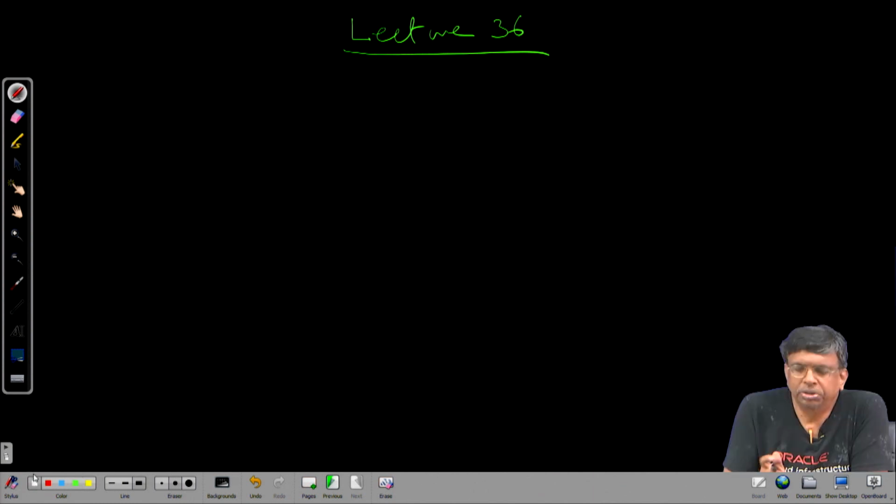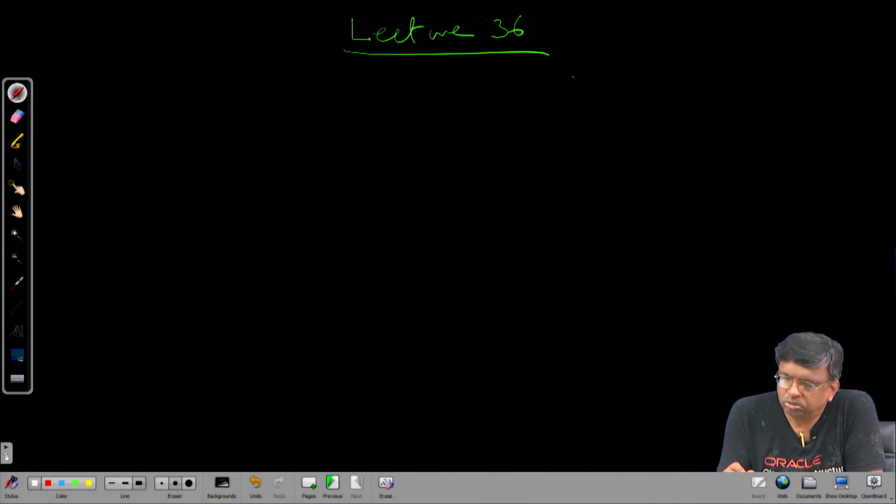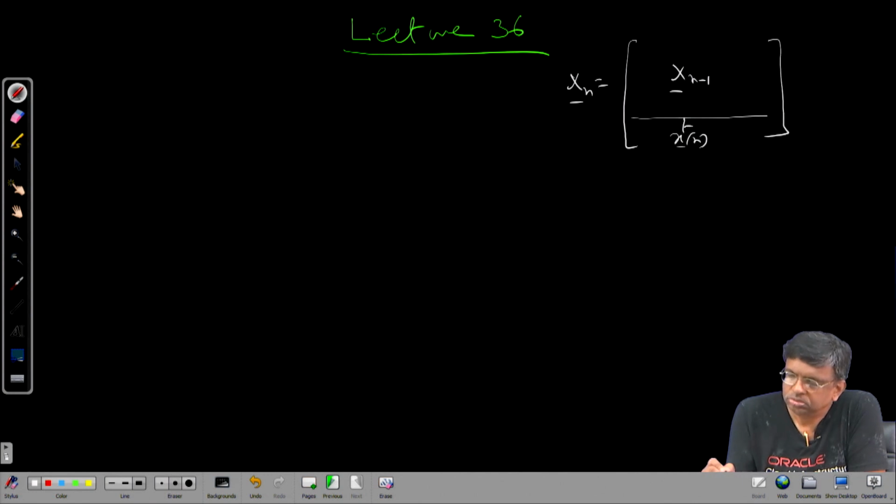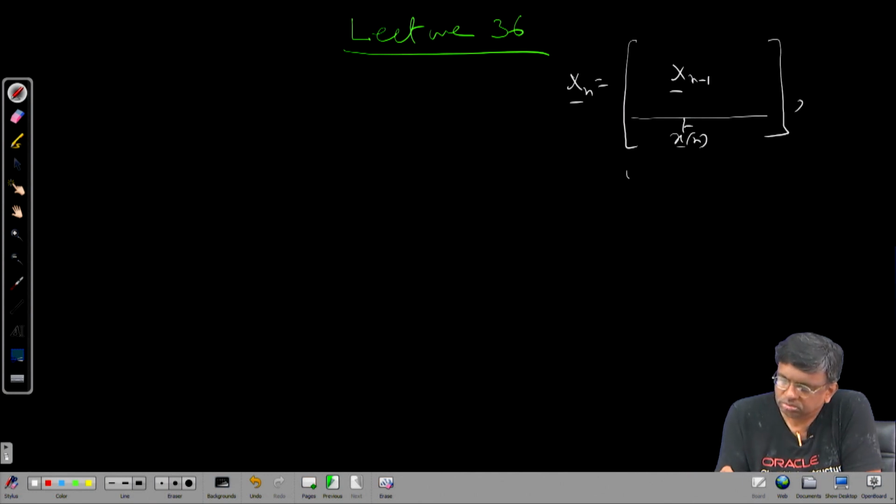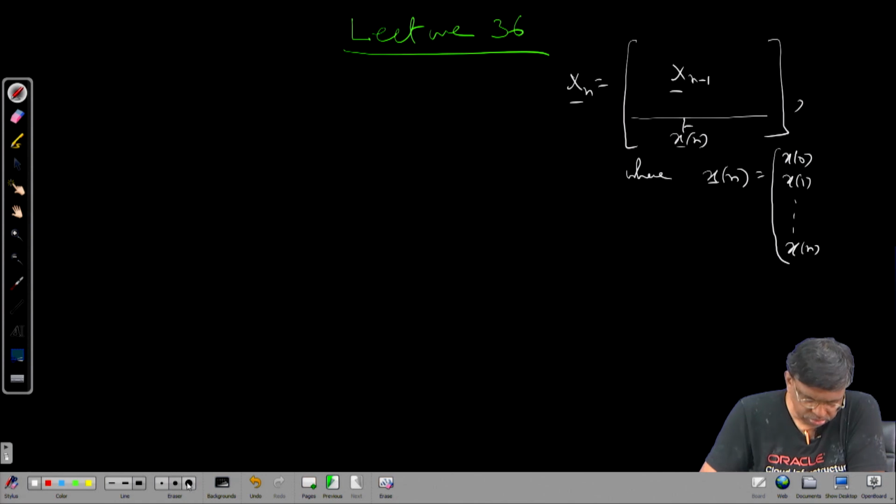So, we will be deriving this recursive least squares algorithm. We have already defined and seen these things: x n can be partitioned like this.